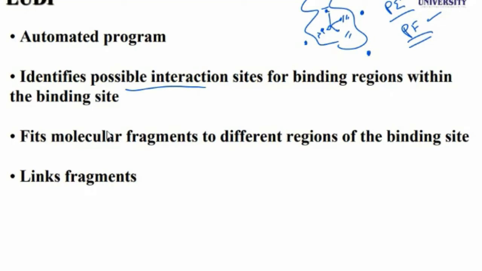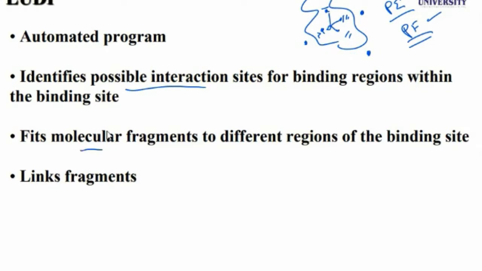Next, it knows what the known inhibitor is, how it is fitted inside the binding site, and what kind of interactions it makes. Based on that knowledge, it takes different small fragments and fits them inside the binding site in the very same way the existing inhibitor or drug molecule is co-crystallized in the complex structure.